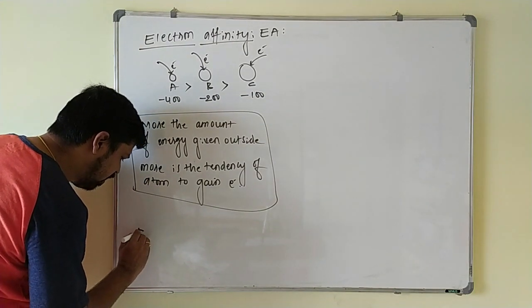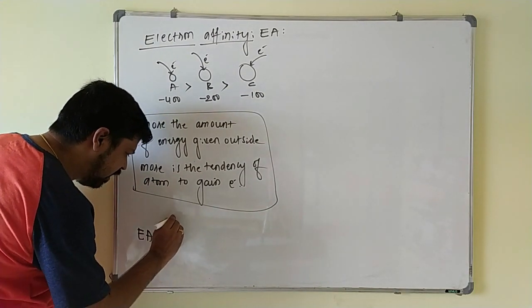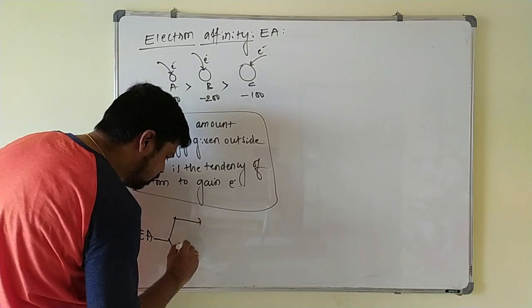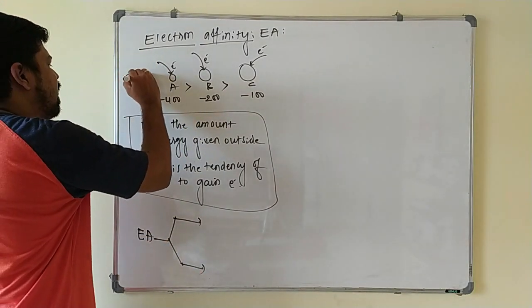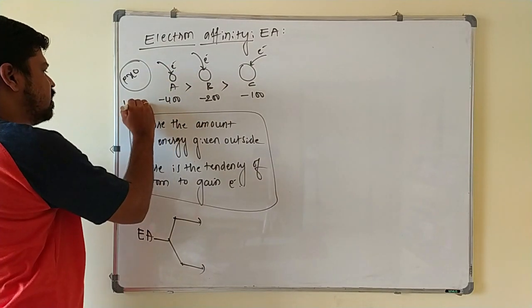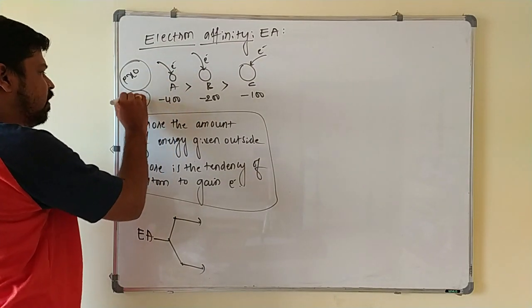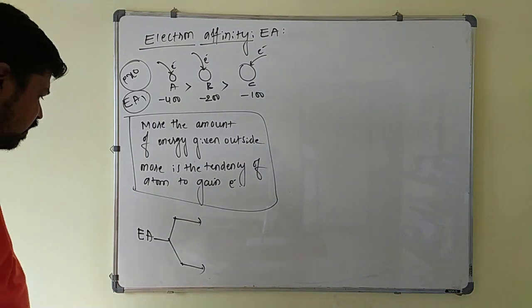So if I write electron affinity values, always electron affinity values are negative values, because it is exothermic process. Electron affinity is what? Addition of electron is exothermic. Especially I am discussing for electron affinity 1, addition of first electron it is. Okay.